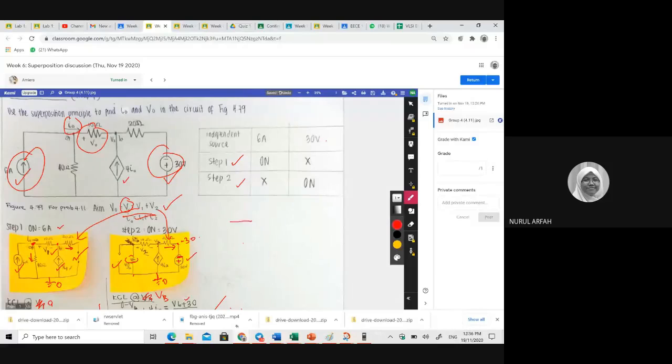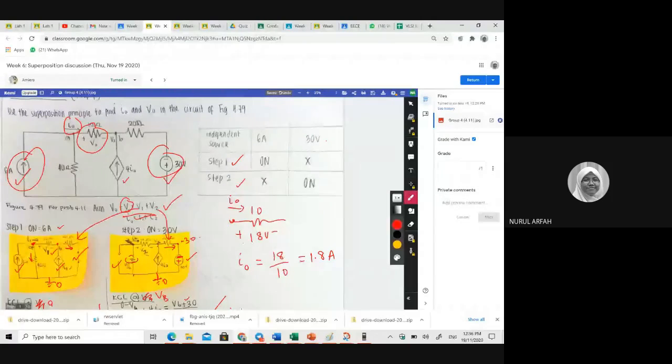So if this is 18, and this is 10, and this is the I naught, then what is I naught equal to? Anyone? 1.8. Yeah, 1.8. Coming from where? Because this is 18 volt, right? 18 divided by 10. So this is 1.8 ampere.